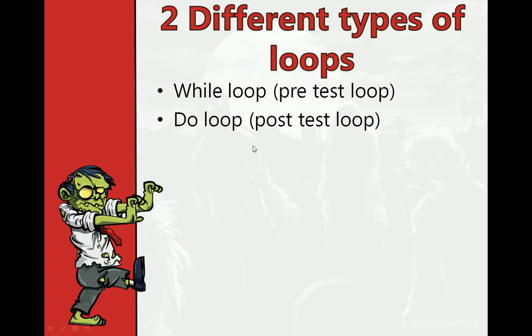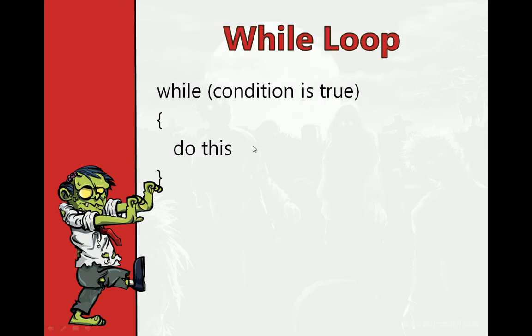I have just some generic syntax for these two loops. A while loop: while this condition is true, it's going to run this section of code. This could be one line, it could be 2 lines, it could be 100 lines. As long as it's in between the curly braces, it's considered part of the loop body.